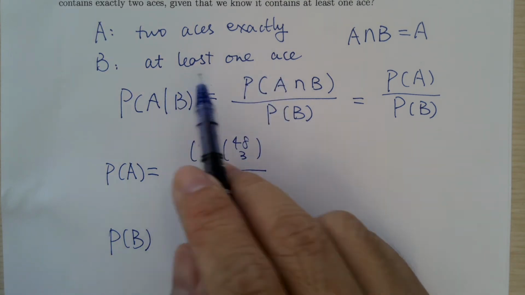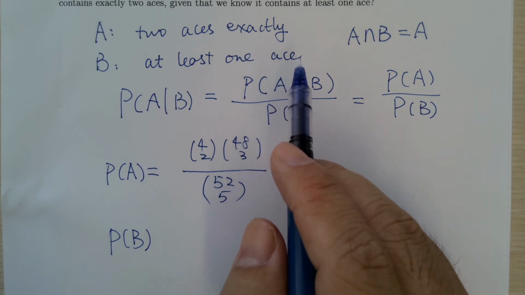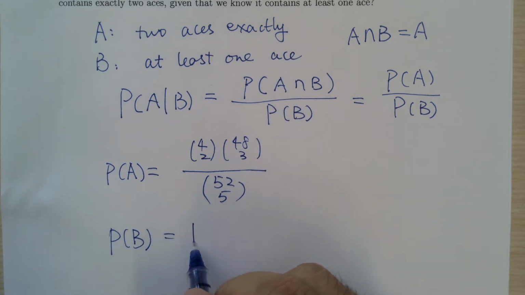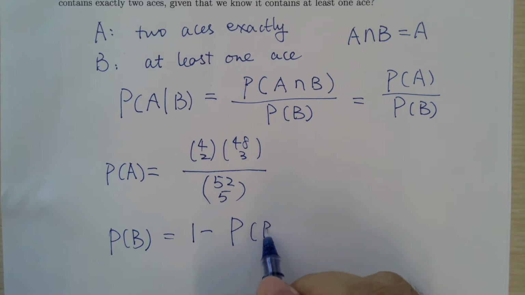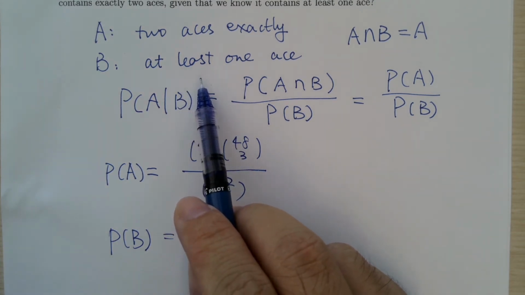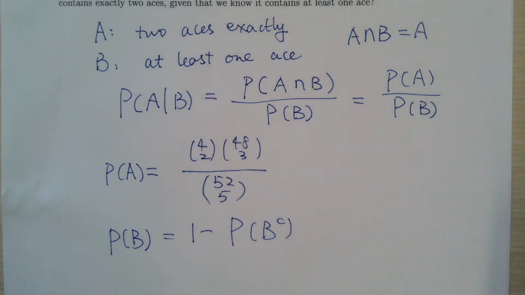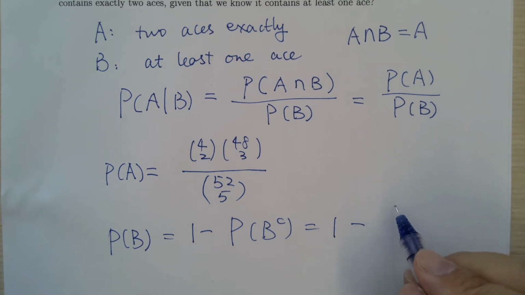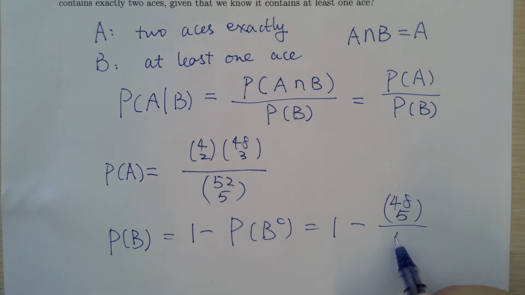So if it's at least 1, we're going to use its complement, which is 1 minus P of B complement. The complement of the event B is going to be that there are no aces, right? So it's going to be 1 minus 48 choose 5 over 52 choose 5, right?